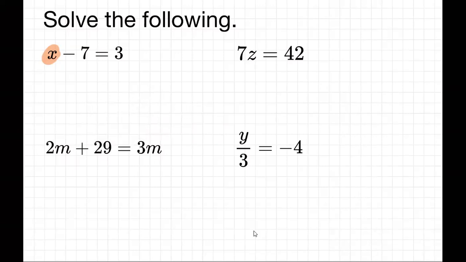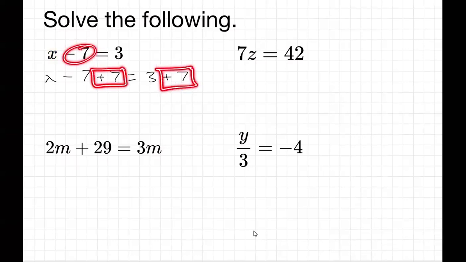The first one I want to show you is what we call the addition property of equalities. The way that I'm going to do that is I'm going to focus on that 7 there, and I'm going to add a 7 to both sides. The reason I'm doing this is when I add 7 to both sides, I can come over here and say, hey, that now equals 0.